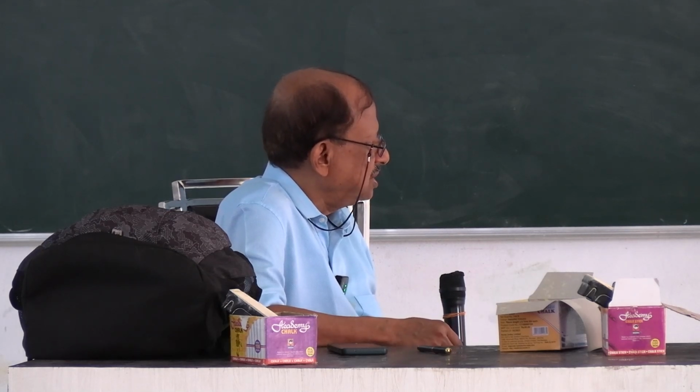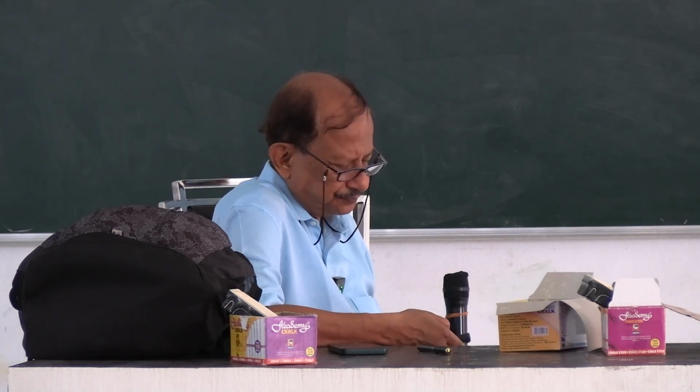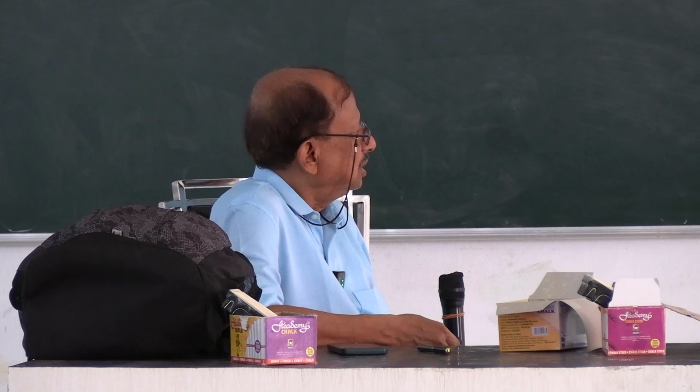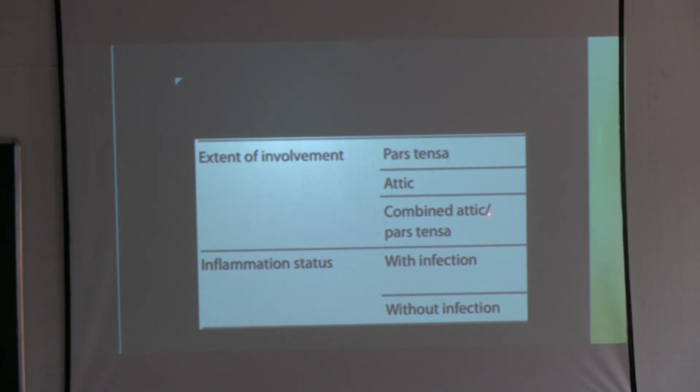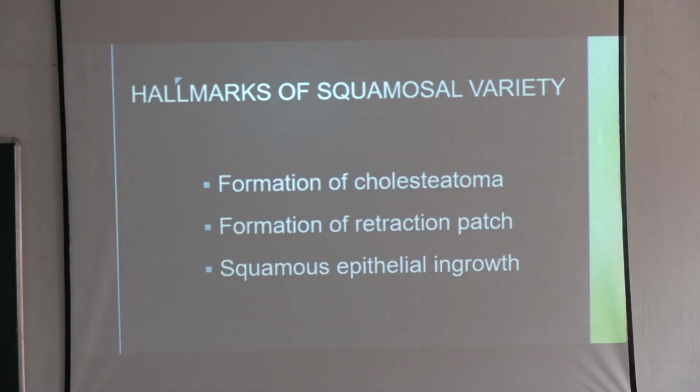Origin and location of the disease: pars tensa, marginal, central and congenital. Extent of involvement: pars tensa, attic, combined attic and pars tensa. Inflammation status: with infection, without infection, the dry cholesteatoma. No infection is dry cholesteatoma.